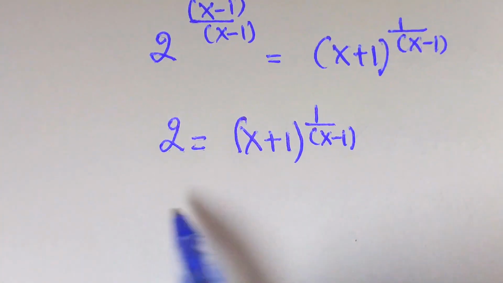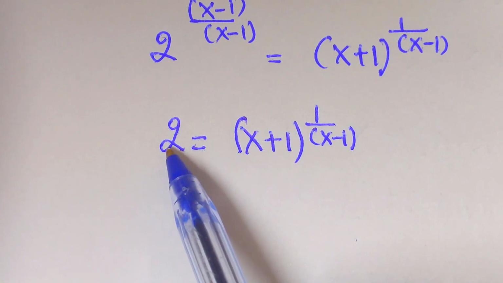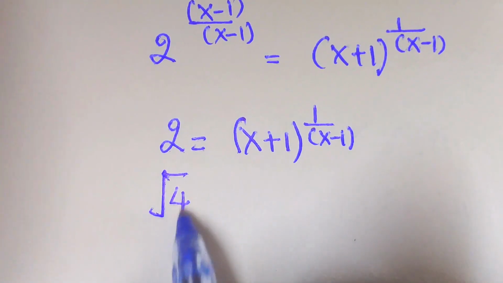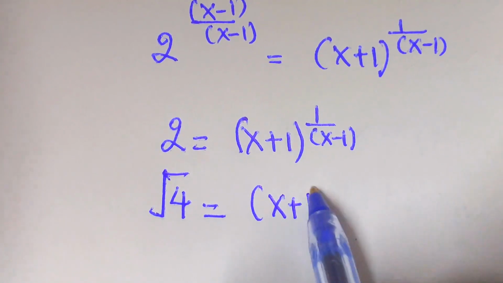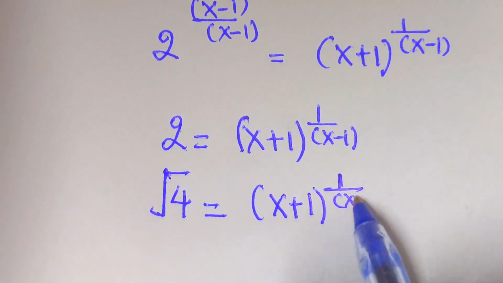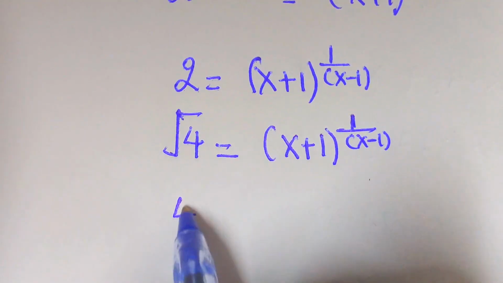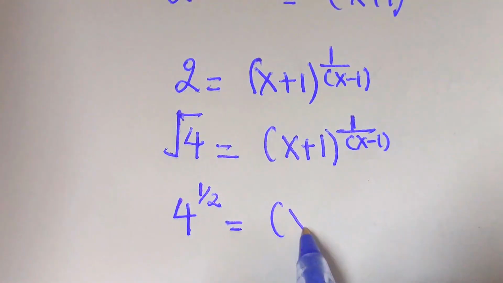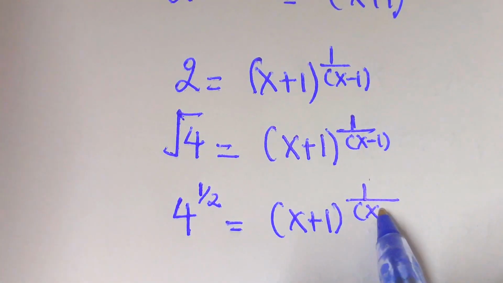At this stage, we know that this 2 is equal to the square root of 4, and 4 can be 4 power 1 over 2, which equals x plus 1 power 1 over x minus 1.